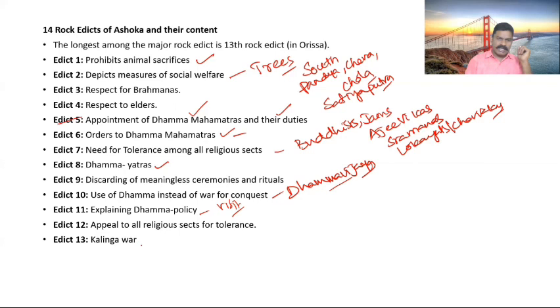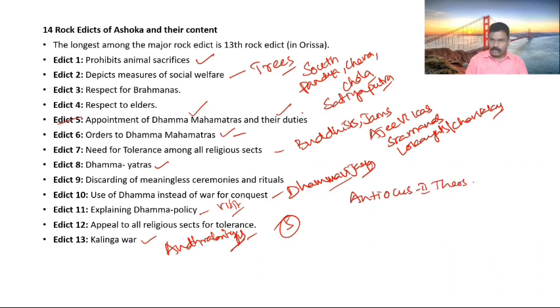The 13th Major Rock Edict also speaks about the Andhras. He mentioned them as Andhra Bhrutyas. And he also mentioned five Hellenic kings of the Ashoka period. The five Hellenic kings Ashoka mentioned in his inscriptions are, first, Antiochus II Theos, the ruler of Syria.